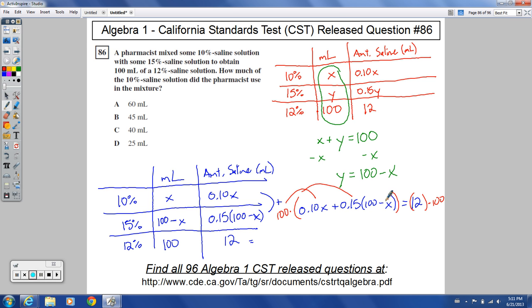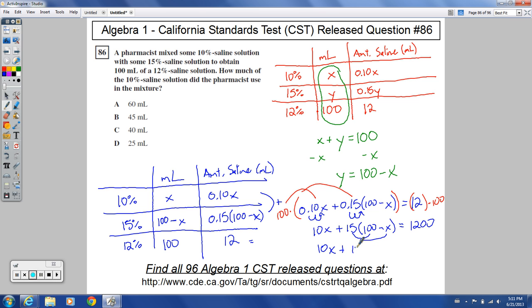This 100 minus X is getting distributed through, so I don't want to multiply that stuff by 100. It's just going to be this part and this part. And so if I do that, it's just moving the decimal 2 spots right here, 1, 2, right here, 1, 2. That's the whole reason for doing that. I would have 10x plus 15 times 100 minus x equals 1200. So a lot easier to solve that now for x, to deal with non-decimal numbers.